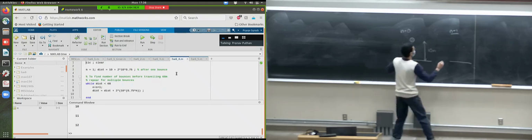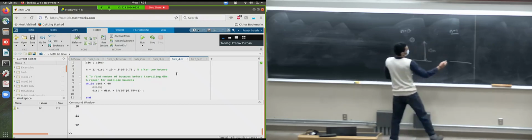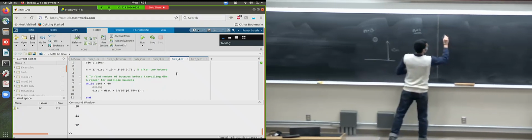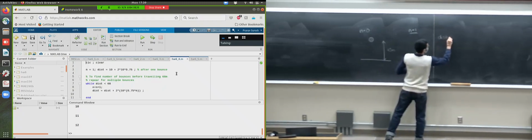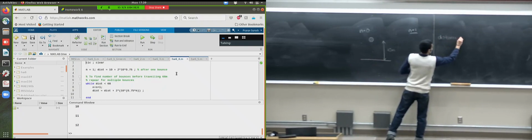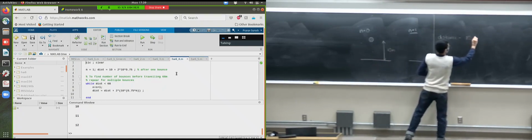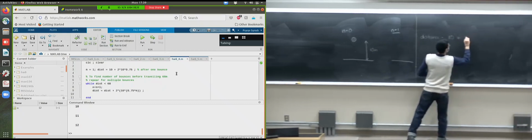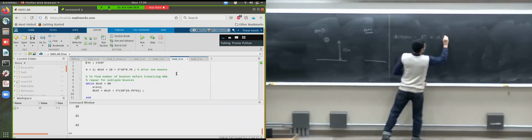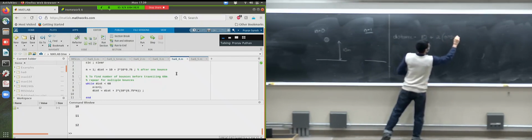So essentially, the distance traveled is 10 plus 2 times 3/4 of the height, right?